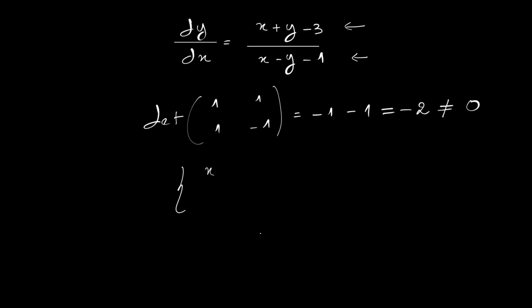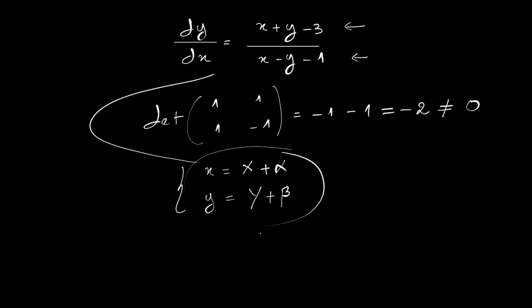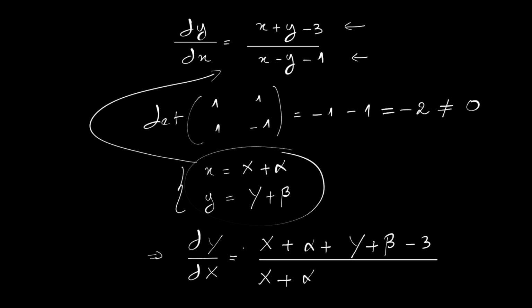We are going to put x and y equals big X plus alpha and big Y plus beta. We replace this in our equation, and obtain dy over dx equals (big X plus alpha plus big Y plus beta minus 3) over (big X plus alpha minus big Y minus beta minus 1).